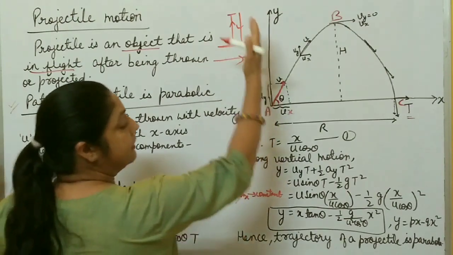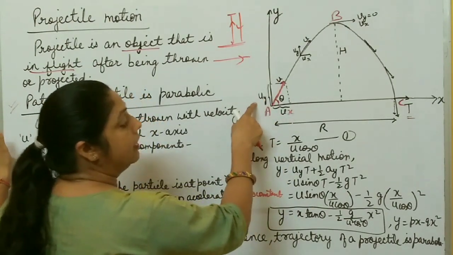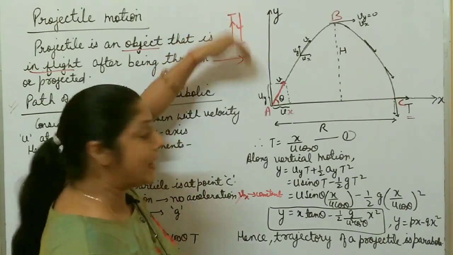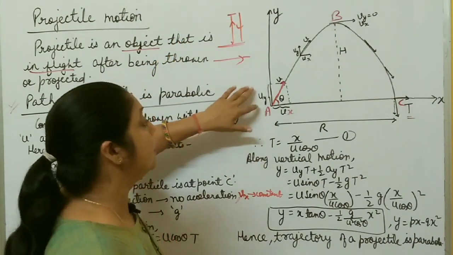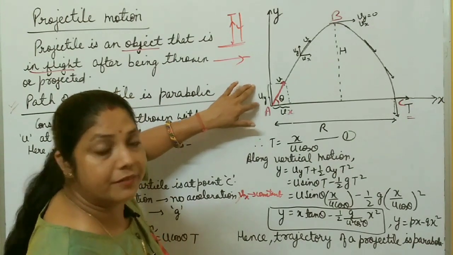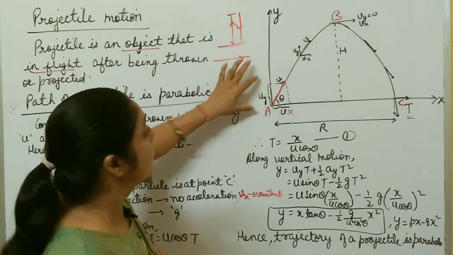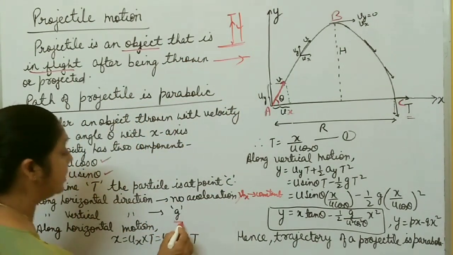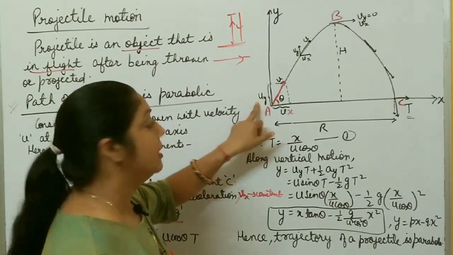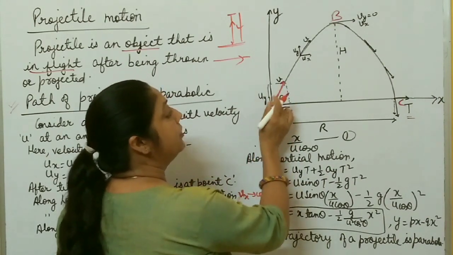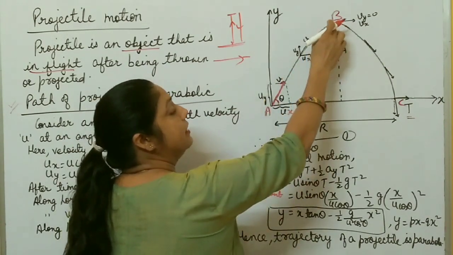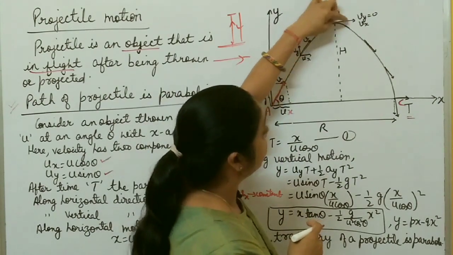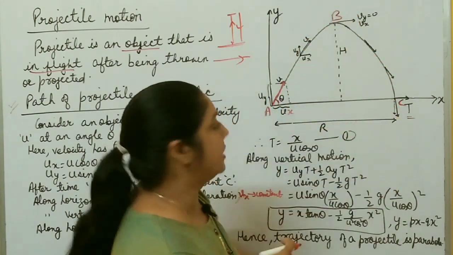But along the vertical direction, under the action of gravity, the object comes back to the original position. So there is acceleration due to gravity g along the vertical direction, and its velocity is changing. First, when an object is thrown, its velocity decreases and becomes 0 at the maximum height. Then during downward motion its velocity increases, right?